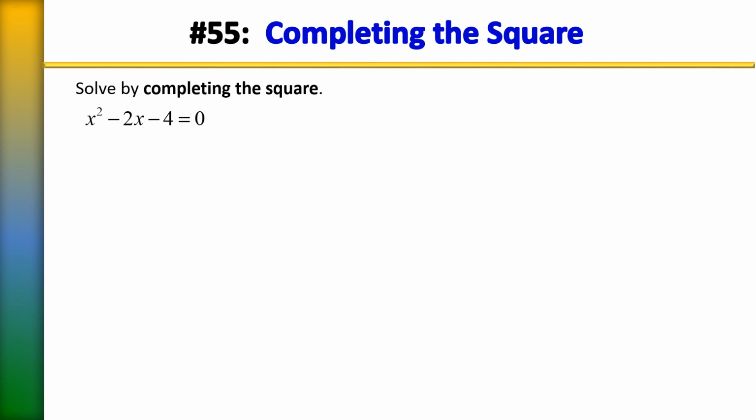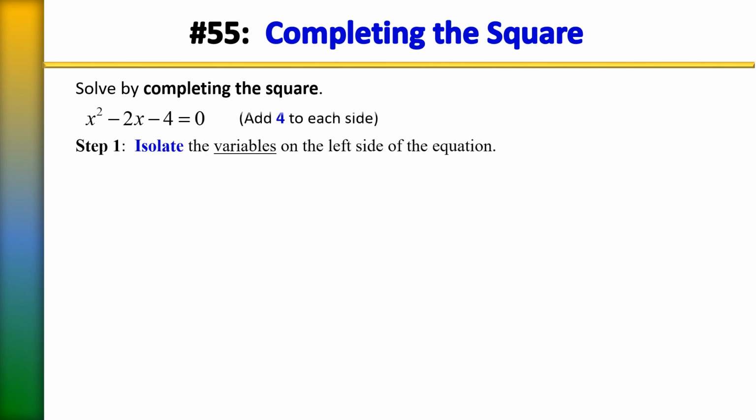So to do that, I'm going to add 4 to each side. And so now I have those x terms isolated as they should be. We can proceed by, again, looking at the middle term. So we're just looking at the 2 and saying, what is half of 2?